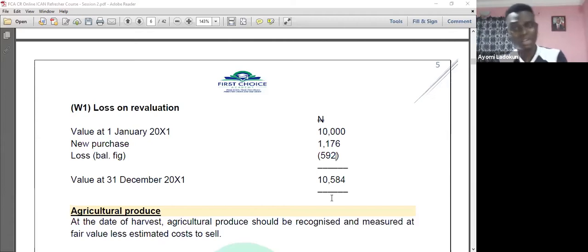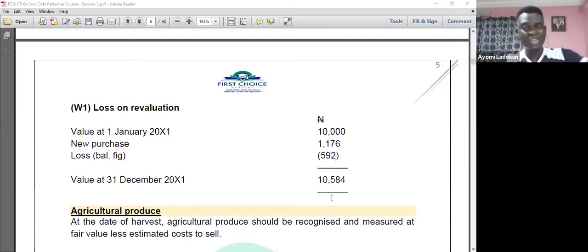And don't forget, under IAS 16, on initial measurement, you use the cost model. On subsequent measurement, you either use the cost model or the revaluation model. When you revalue upward under IAS 16, you take it to other comprehensive income. When you revalue downward, you take it to profit or loss. When I'm dealing with IAS 40, when I revalue upward, that's under the fair value model, I take it to profit or loss.